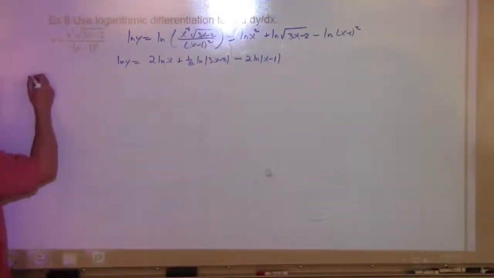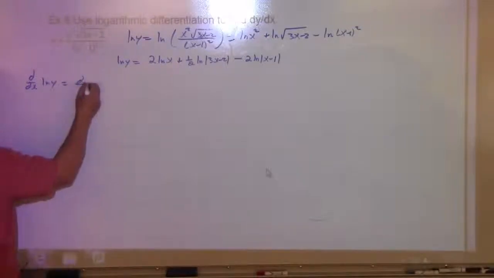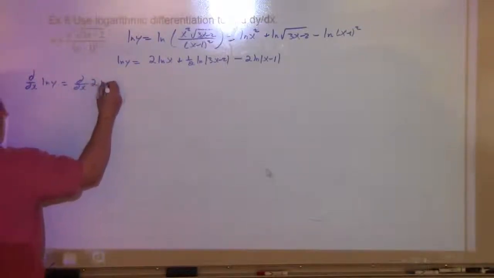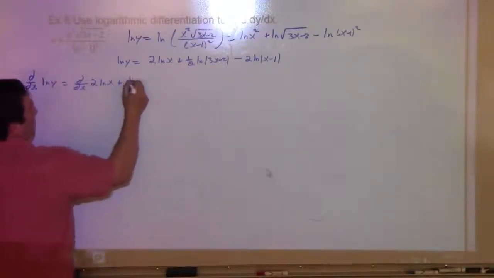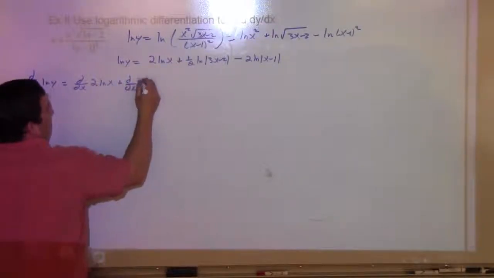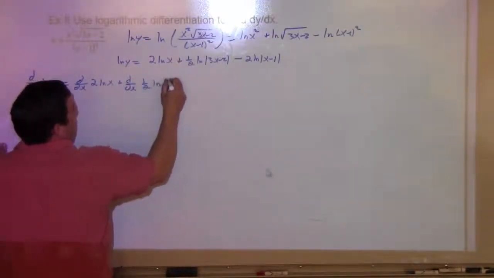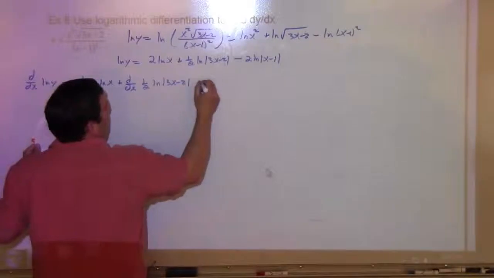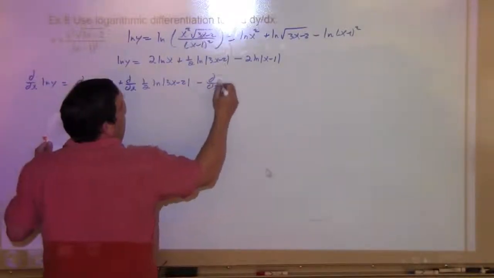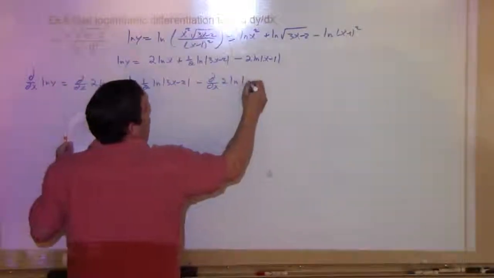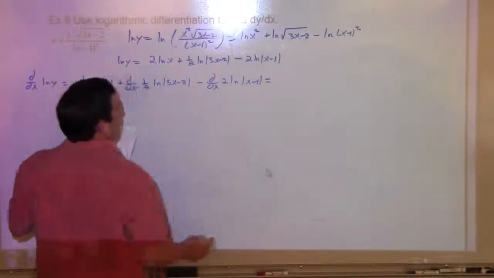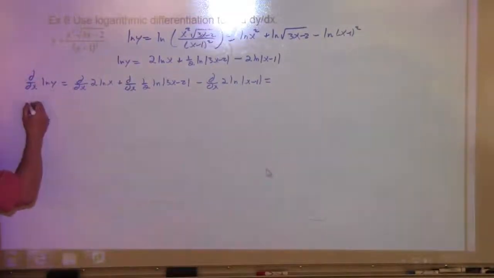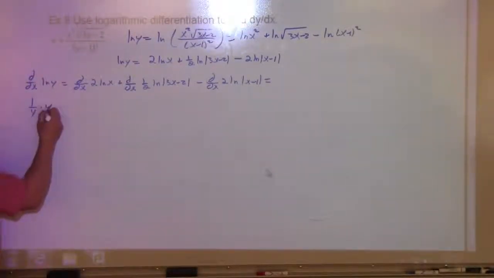So if we take the derivative here, what do we get? That would be 1 over y times y prime.